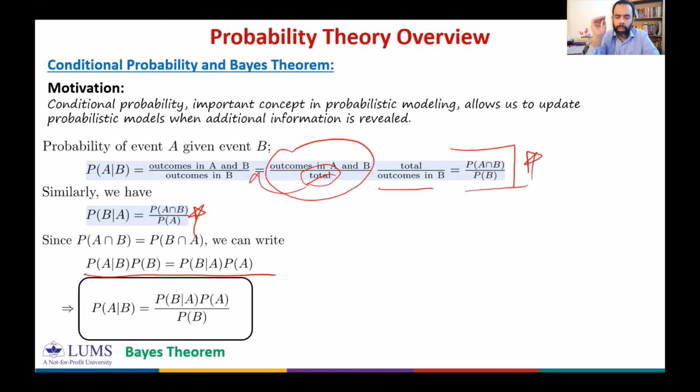You want to find the probability of event A given B has occurred. You can compute this by computing the probability of B given A times the probability of A divided by the probability of B. Shortly, in the next video, we will talk about the interpretation of this Bayes theorem.